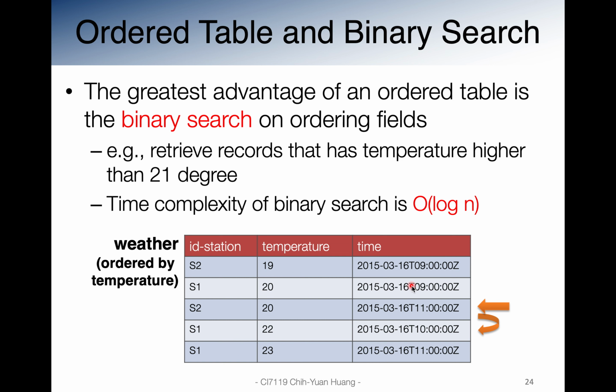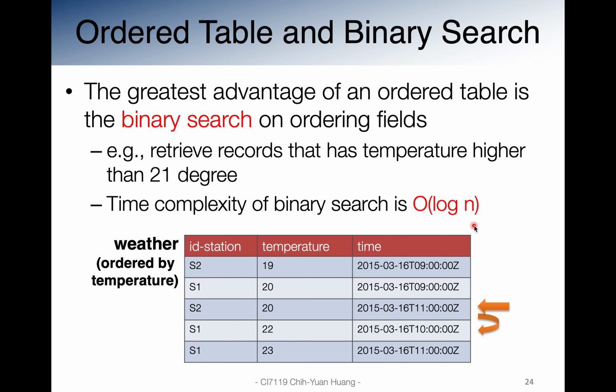Every time we go to half and half and half, so the time complexity of the binary search is O of log n. Because every time we just go to half, the performance is proportional to the log of the number of records.